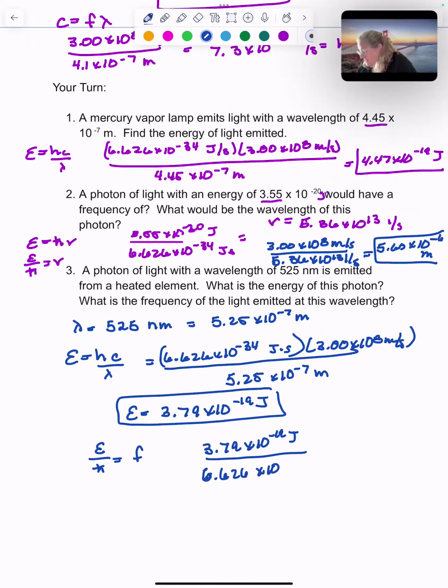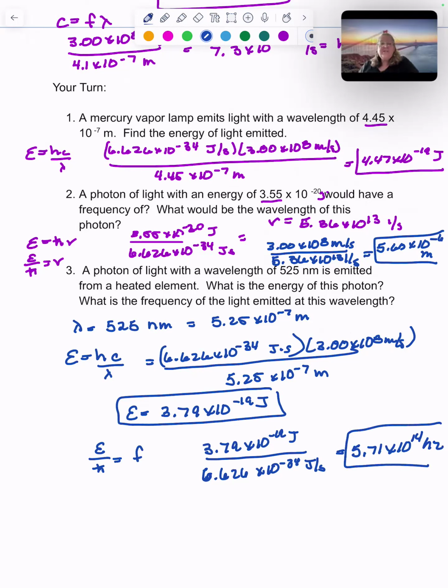This is going to give me a frequency to 3 significant figures of 5.71 times 10 to the 14th hertz.